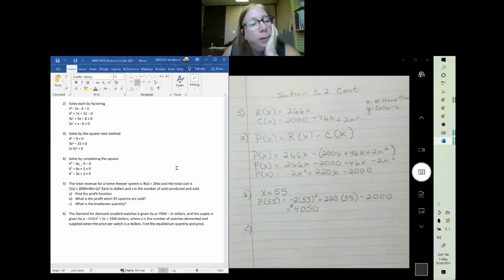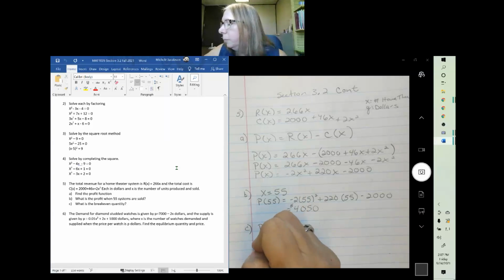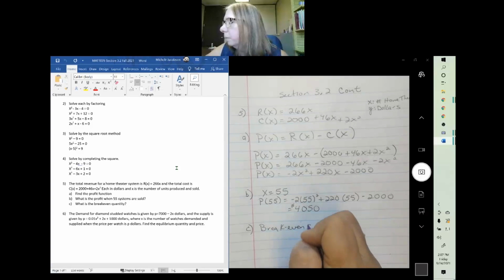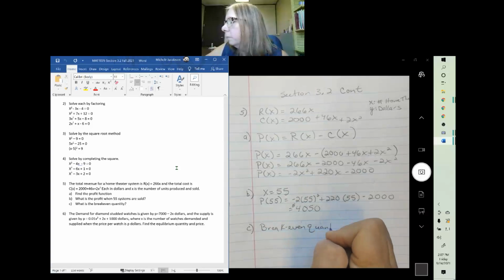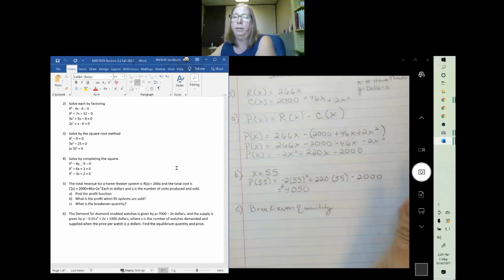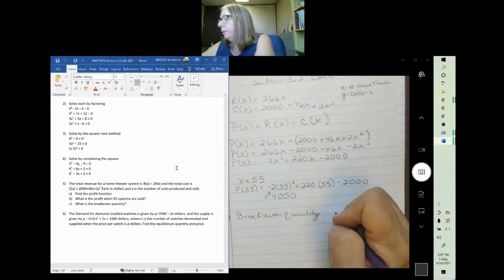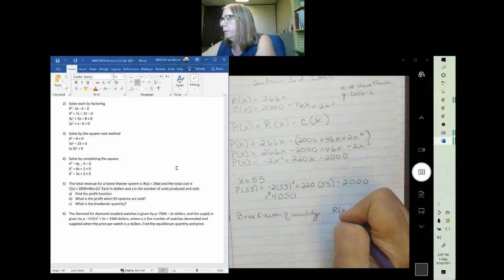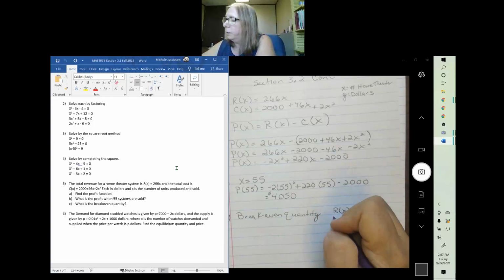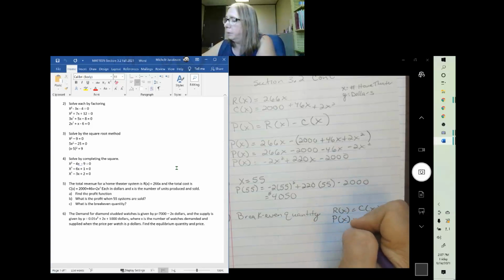Okay. Break-even quantity. When we're looking at the break-even quantity, there's two ways we can find it depending on what information we have. You can set revenue equal to cost, which we have, or you can set profit equal to 0.